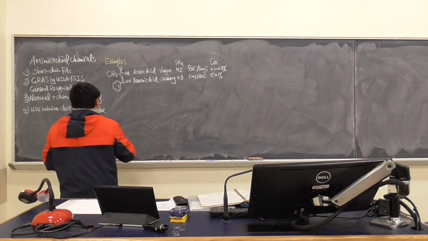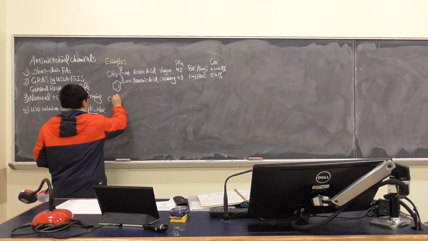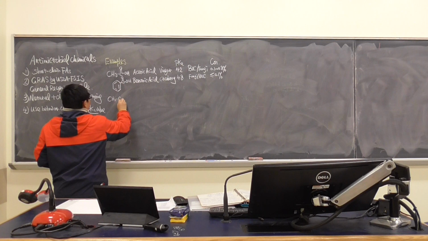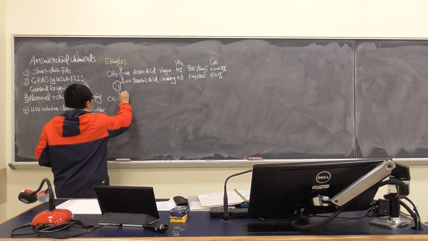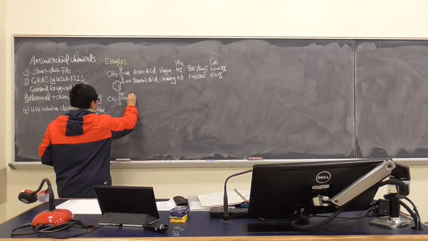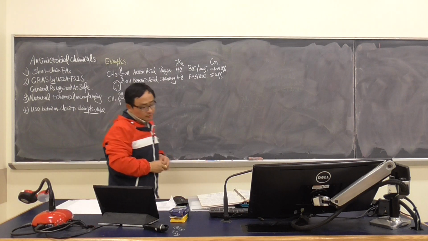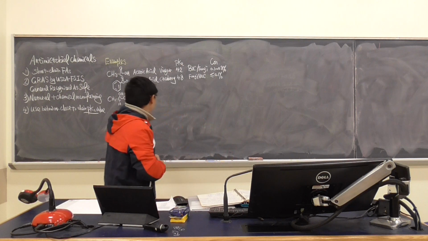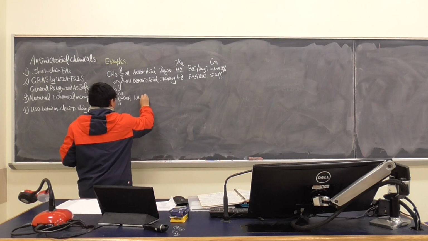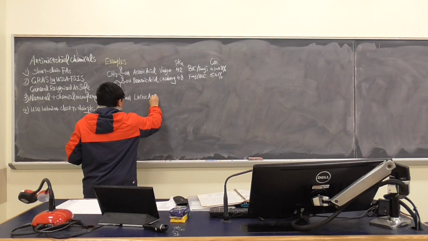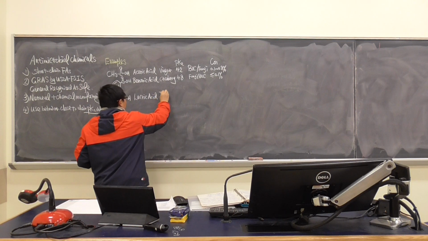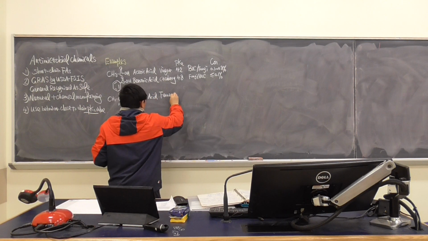Next one, the structure is CH3, CHOH, and then COOH. What is that one? Is lactic acids. Lactic acids, we know it's coming from fermented food.